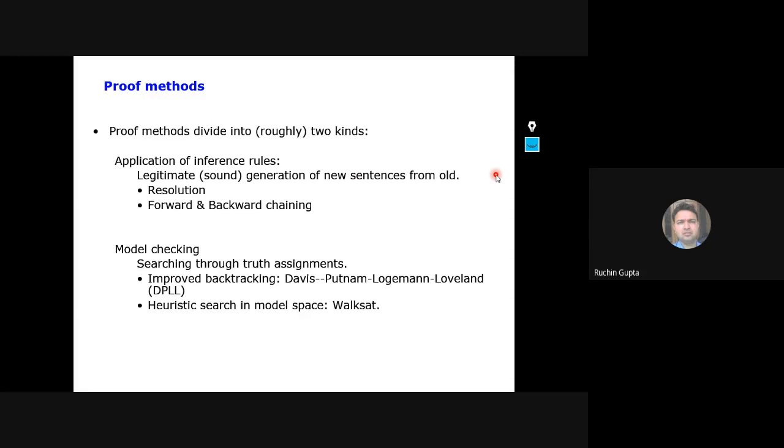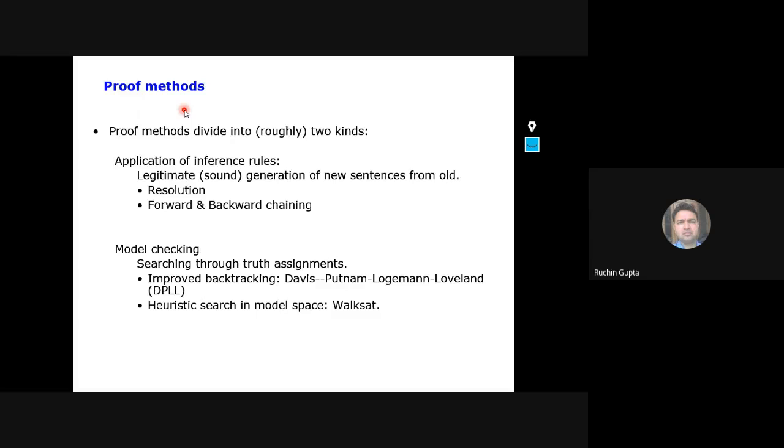So what are the different kinds of proof methods? What is the purpose of these proof methods? We are given a knowledge base in which we have some number of facts, and we want to discover new facts from the knowledge base.